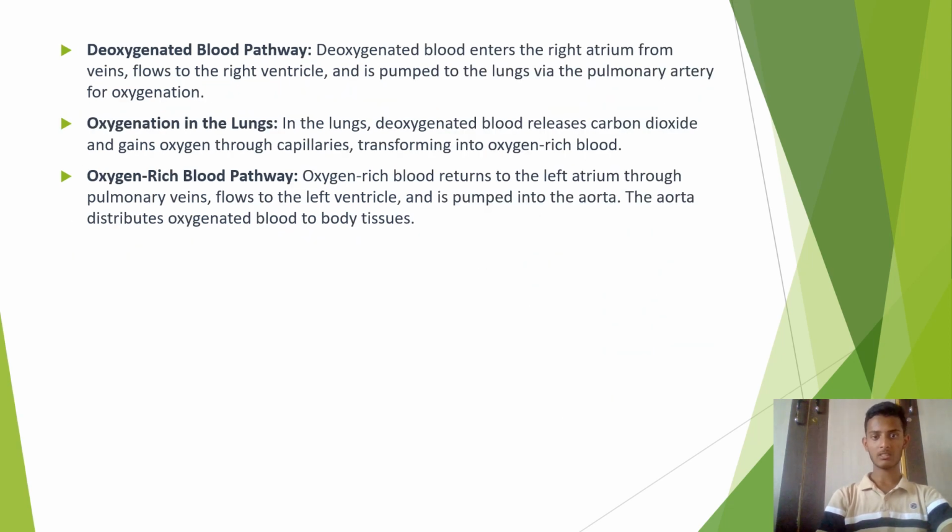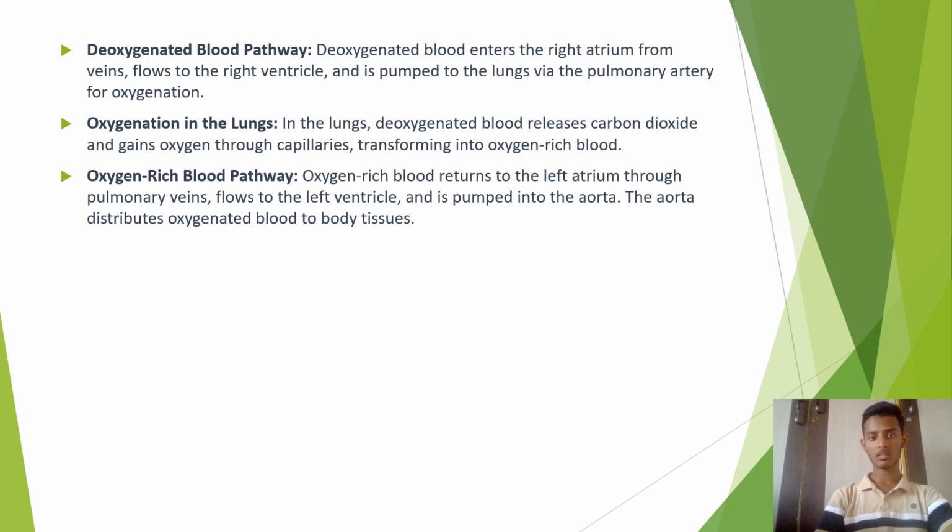Deoxygenated blood pathway. Deoxygenated blood enters the right atrium from the veins, flows to the right ventricle, and is pumped to the lungs via the pulmonary artery for oxygenation. Oxygenation in the lungs. In the lungs, deoxygenated blood releases carbon dioxide and gains oxygen through capillaries, transforming into oxygen-rich blood.